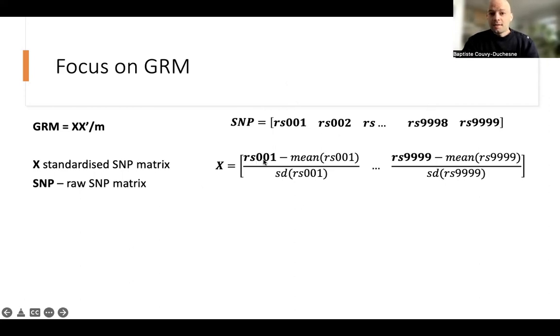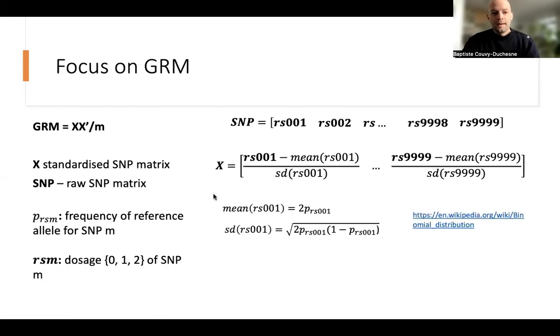The standardized one is simply each SNP where we subtract the mean and divide by the standard deviation. Remember that for SNPs, the mean is 2p, p being the frequency of the reference allele, and the standard deviation is the square root of the variance, so the square root of 2pq.